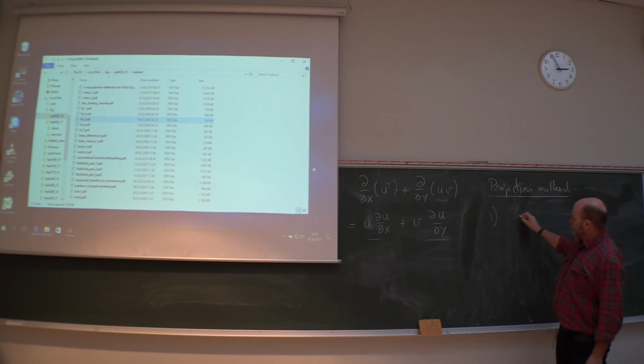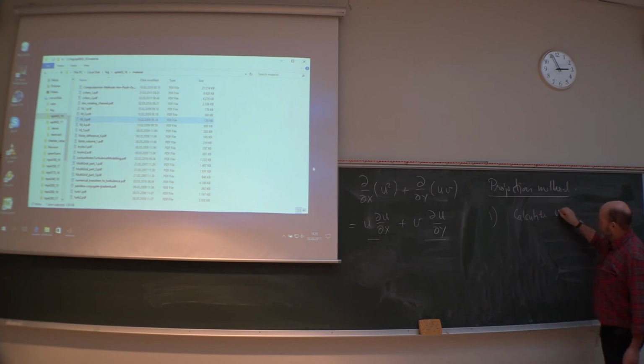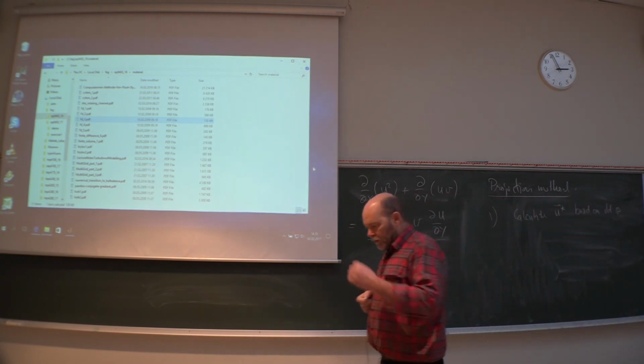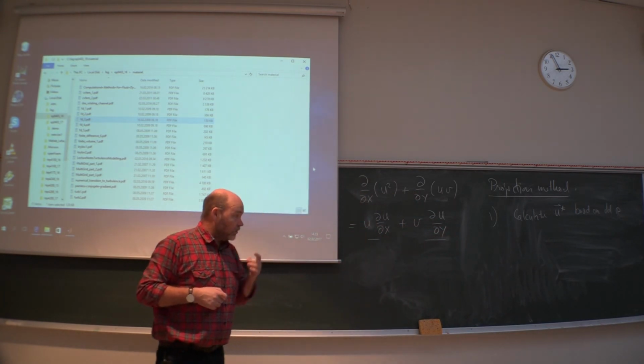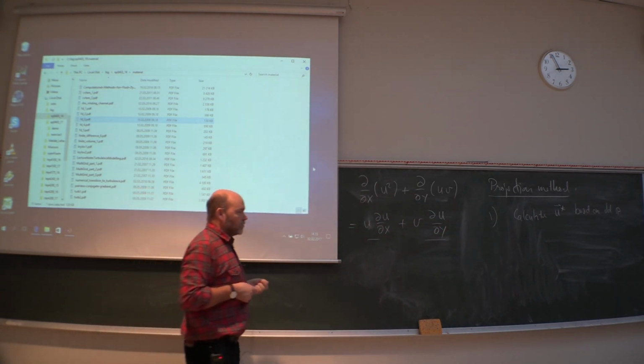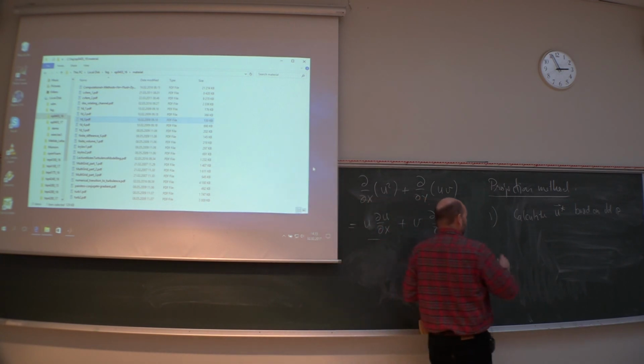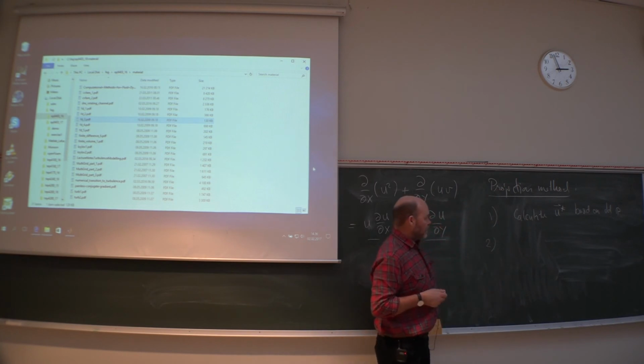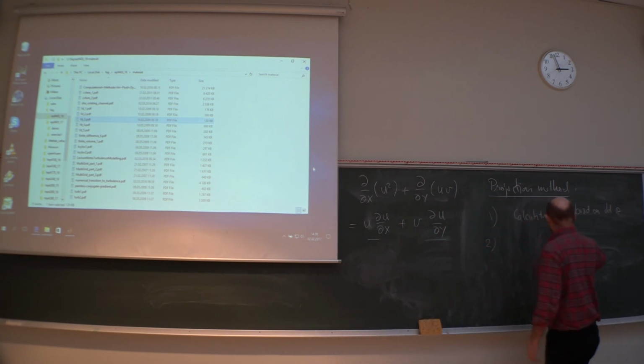First step, calculate the tentative velocity field, call it U star, based on the old pressure from the previous time step. That velocity field is going to be wrong in general. It will not satisfy continuity. Divergence will be different from 0. But it's a very easy calculation, pure explicit expression for that one. Everything based on old values.